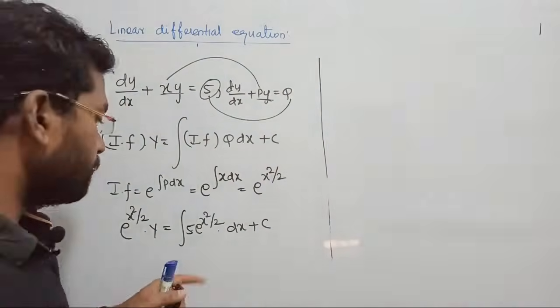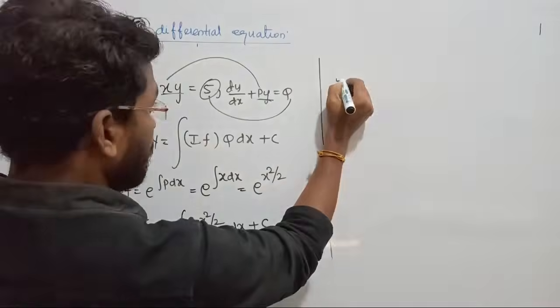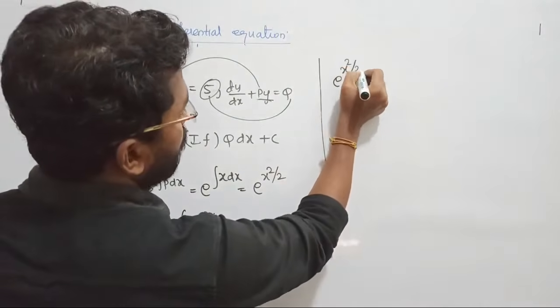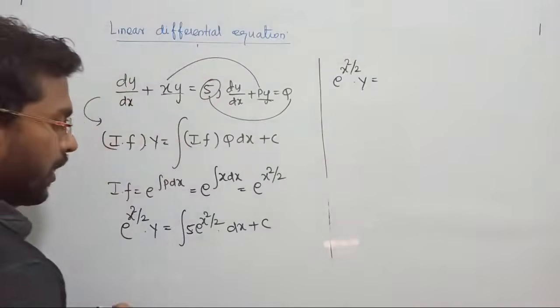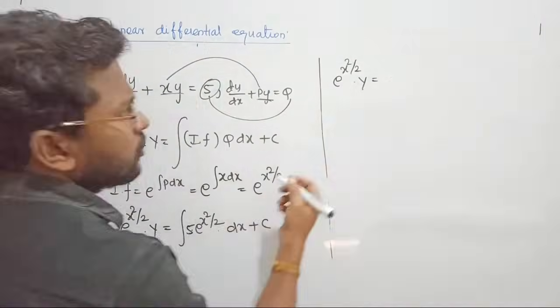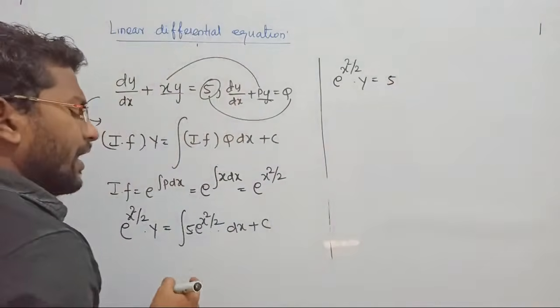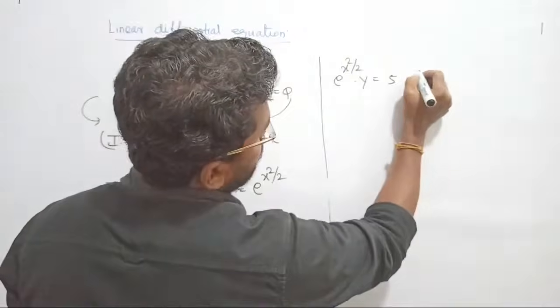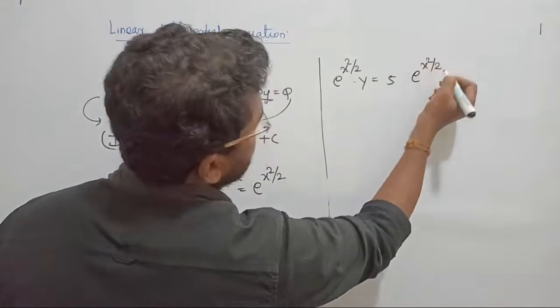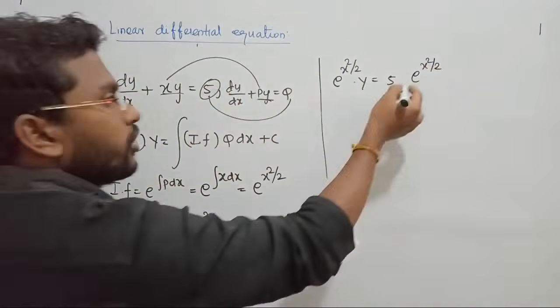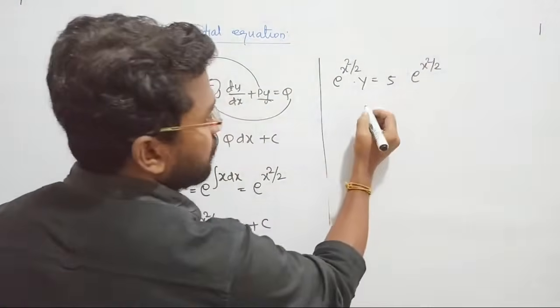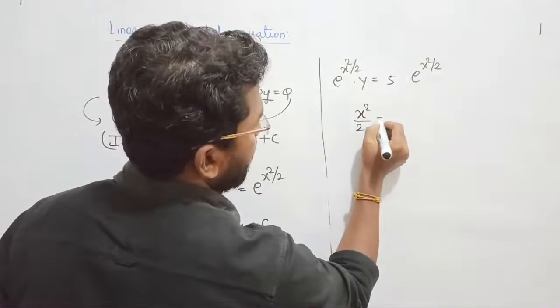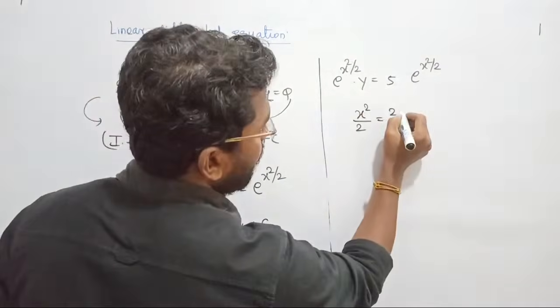In the next step, if I reduce this function further, I am going to get e power x square upon 2 dot y equal to, here we have to do integration for this, right? So we all know 5 into integration of e power x will be again e power x only, e power x square by 2. There is no doubt. But if I do the inner differentiation, that will give you the value of 2x by 2.